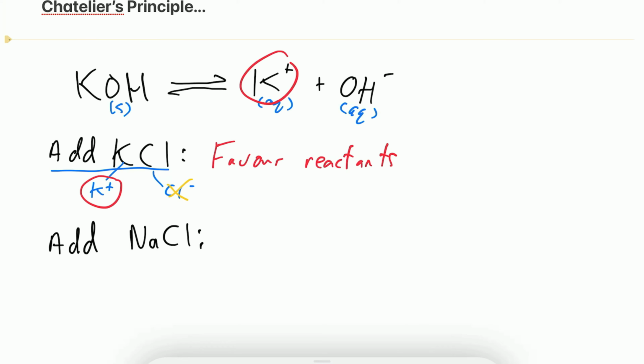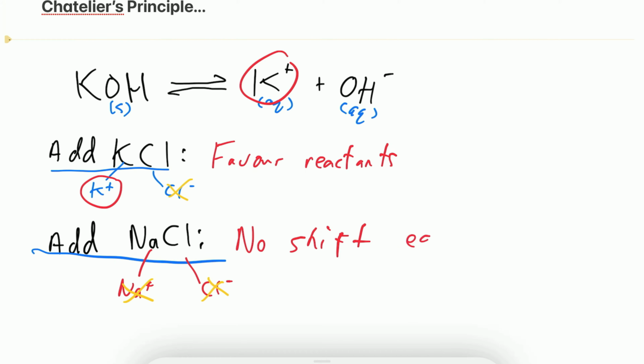Now, if we were to add NaCl, using the same method, since this is ionic, we could break it down into Na+ and Cl-. Cl- is not part of the reaction, so it would have no effect. And Na+ is also not part of the reaction, so this would have no shift in equilibrium.